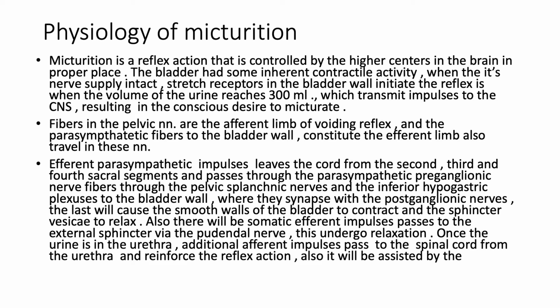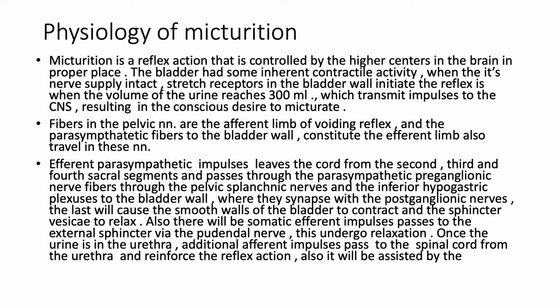So the efferent parasympathetic impulses leave the cord through the second, third, and fourth, to the splanchnic nerves, then to the hypogastric plexus, and then to the bladder wall to cause the detrusor to contract and the sphincter to relax, and will cause emptying of the bladder.